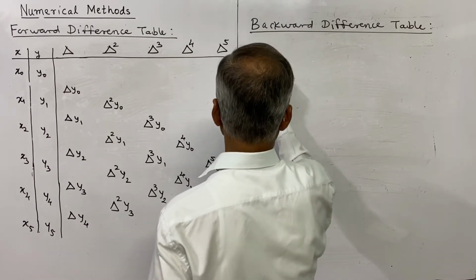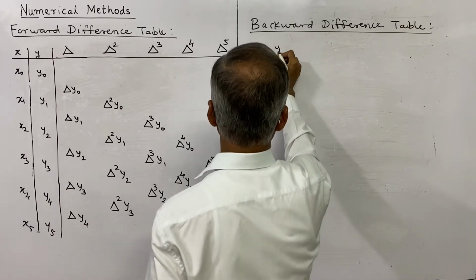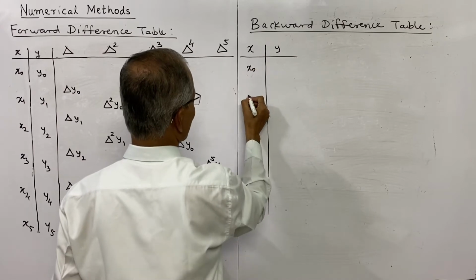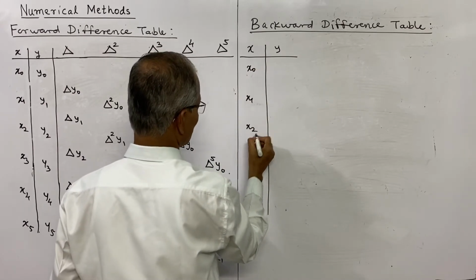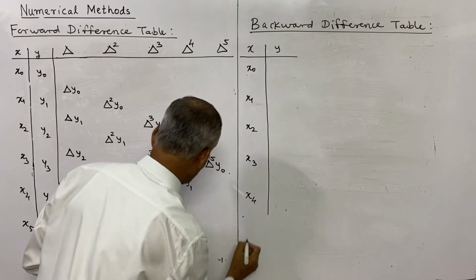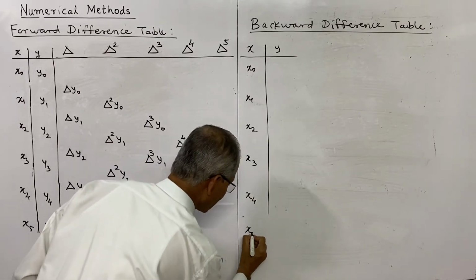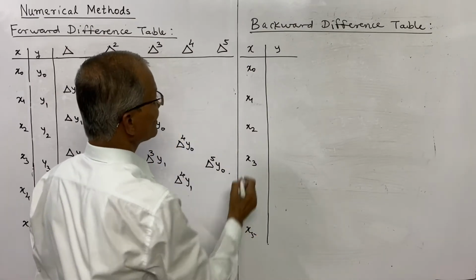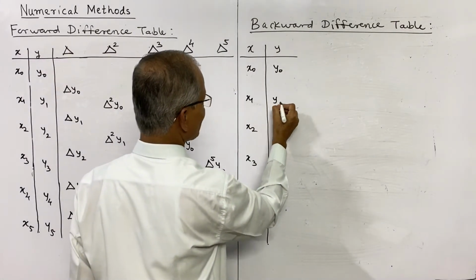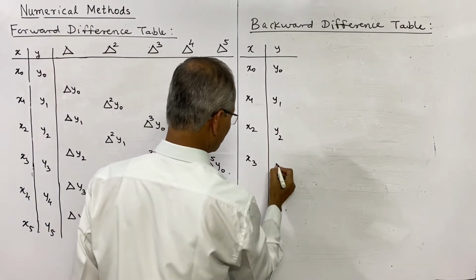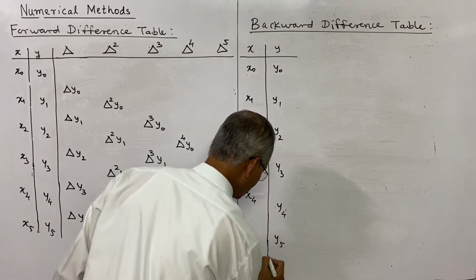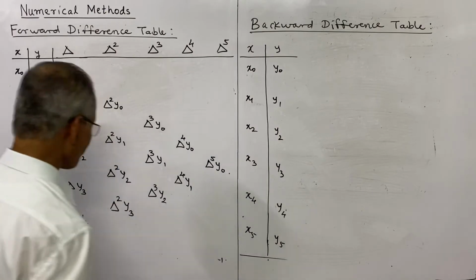So x values will be x0, x1, x2, etc. up to x5, and then the corresponding values will be y0, y1, y2. These are the values given.